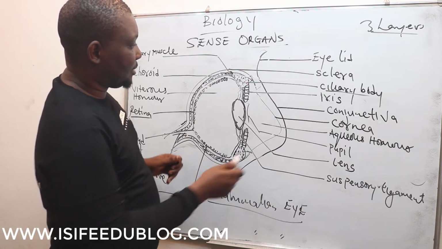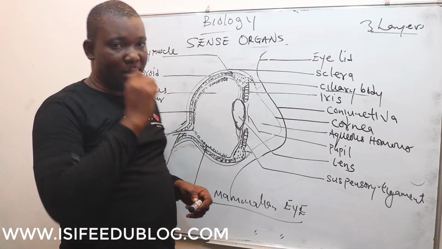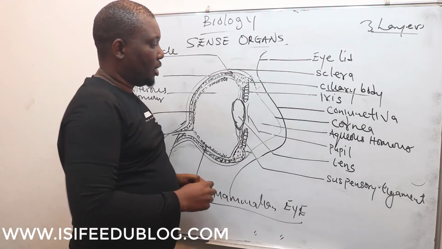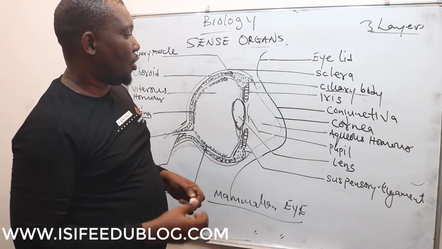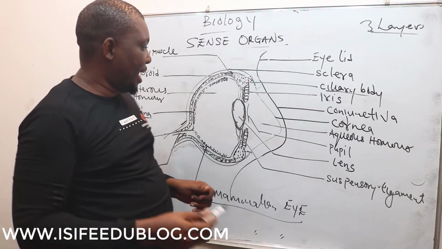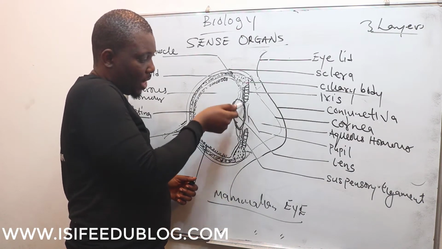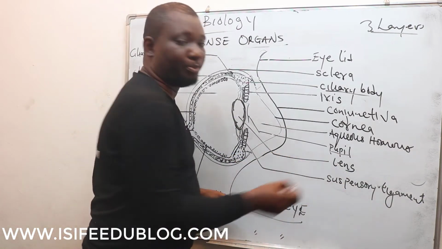The iris is a part of the eye that is well pigmented, and its function is to regulate the bending or refraction of light towards the eye diaphragm. The eye diaphragm is also known as the pupil.